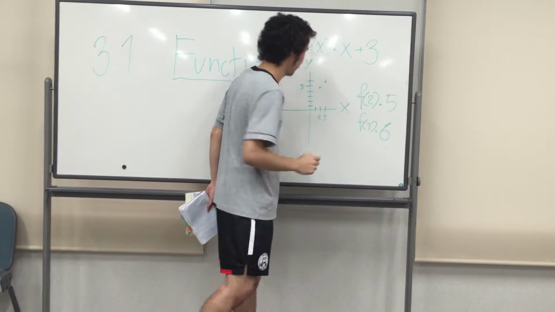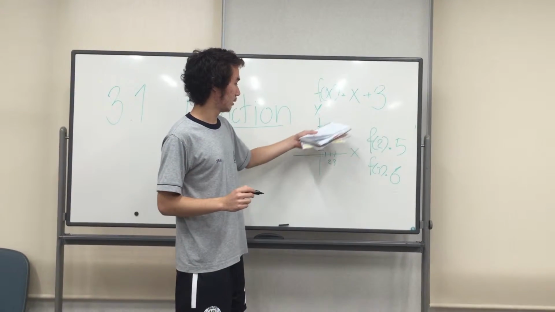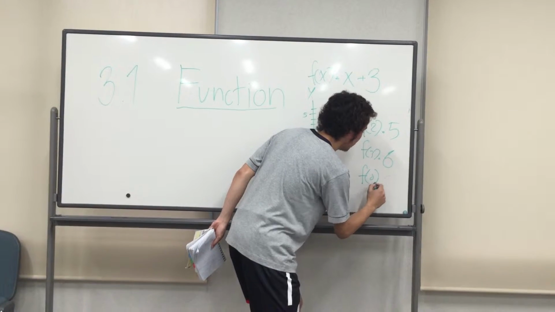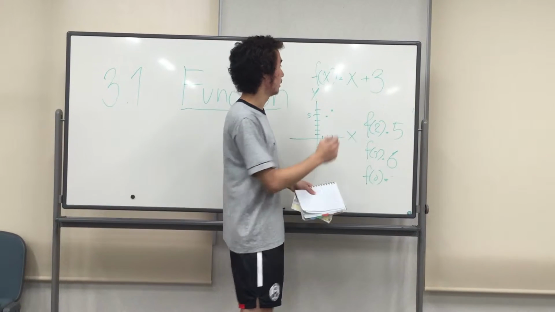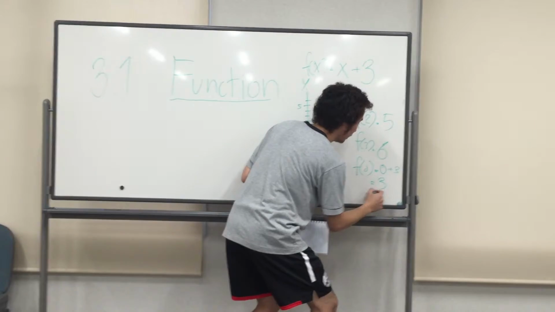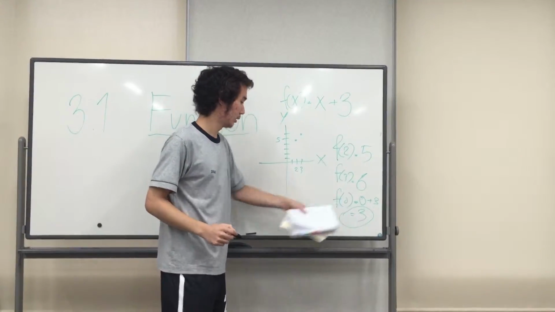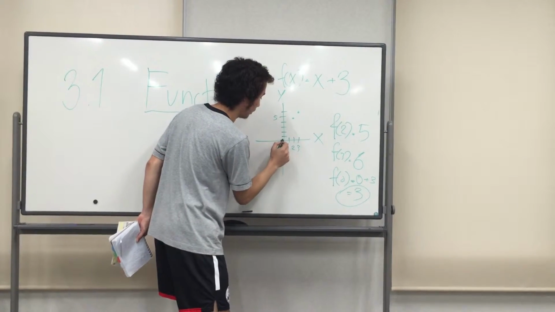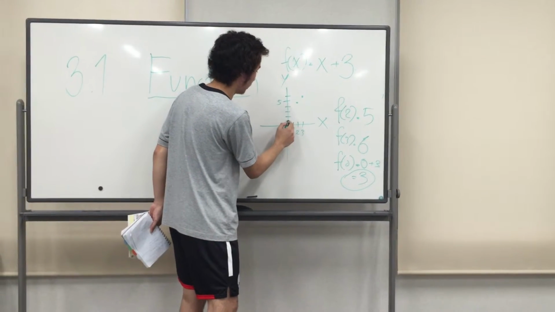You can see it, right? It's a line. Let's do one more number. f(0) equals, we plug it in, 0 plus 3 equals 3. This is our y value, our output. So let's graph it. x is 0 here, and y is 3, so 1, 2, 3.